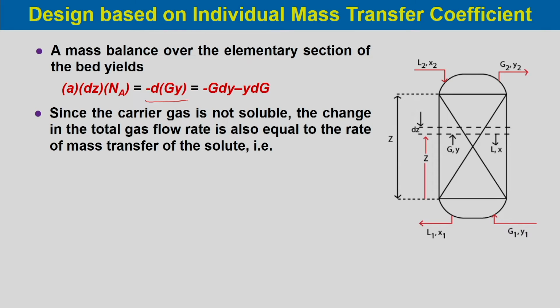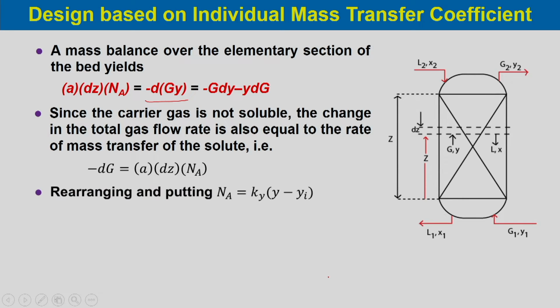Since the carrier gas is not soluble, the change in the total gas flow rate is also equal to the rate of mass transfer of the solute. So, we can write minus dG equal to a dz Na.